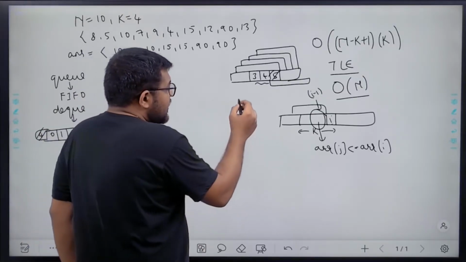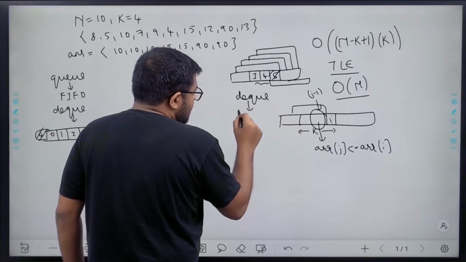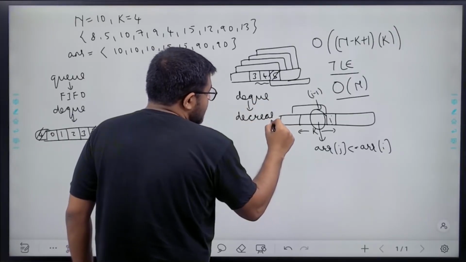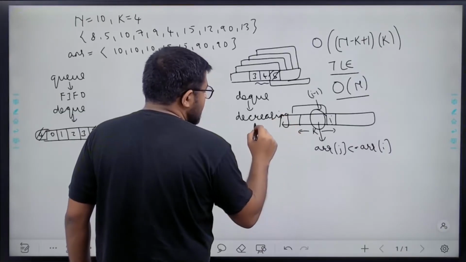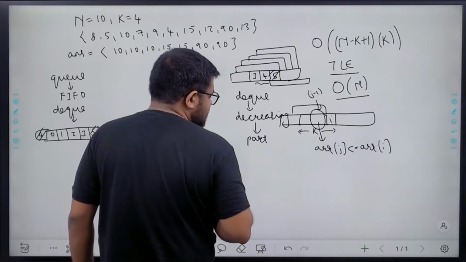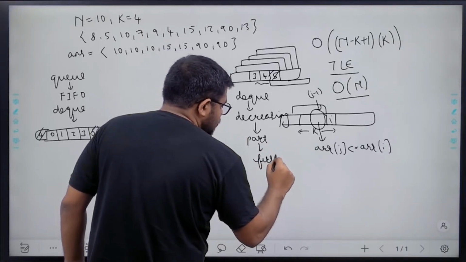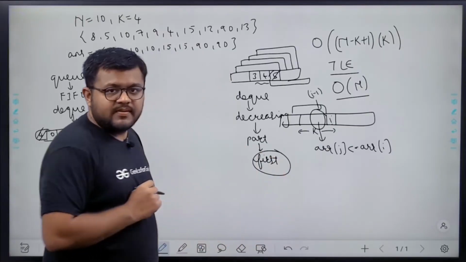So I will get in the deque a decreasing array of elements, and this will be the part of the current subarray which I am considering, and hence the first element of this deque will be my answer for the current subarray.